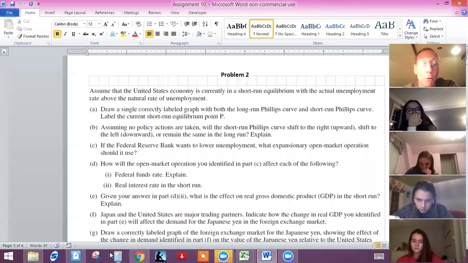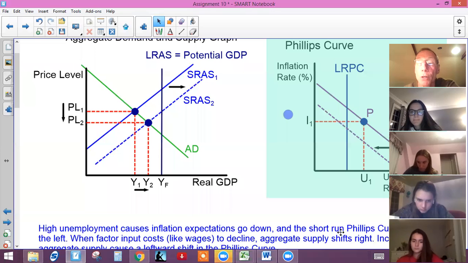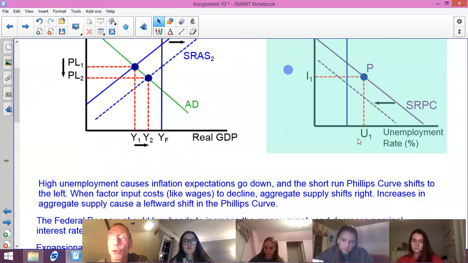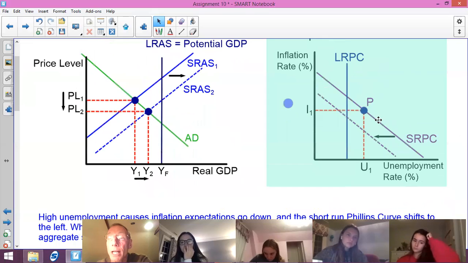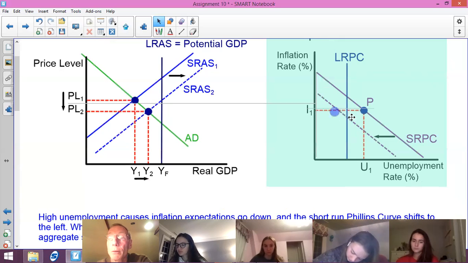Explain. Well, in the long run, you're going to get back to the long-run Phillips curve. You don't have to draw it, it's not asking you to, but I drew it. In the long run, it's going to shift back to the left, to where we're back at full employment right here.